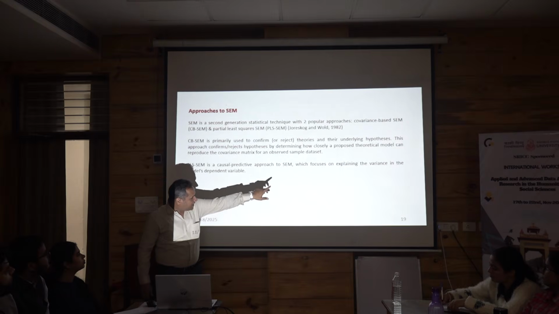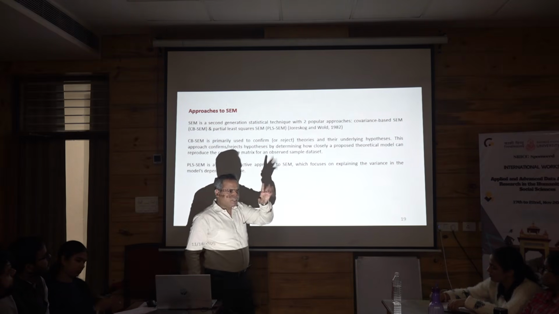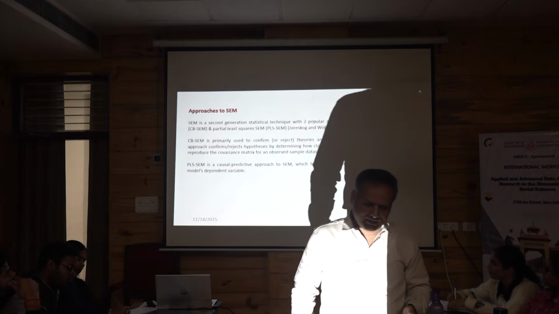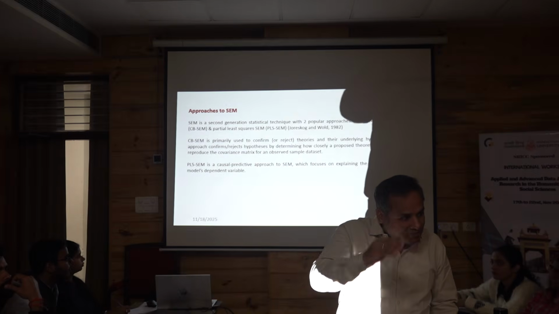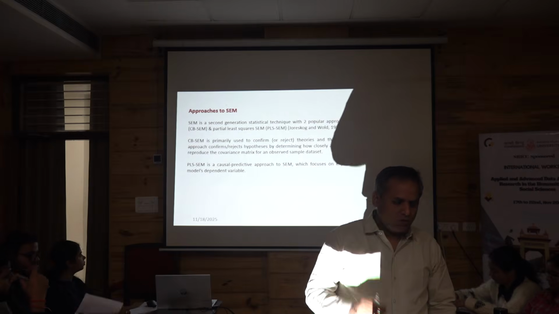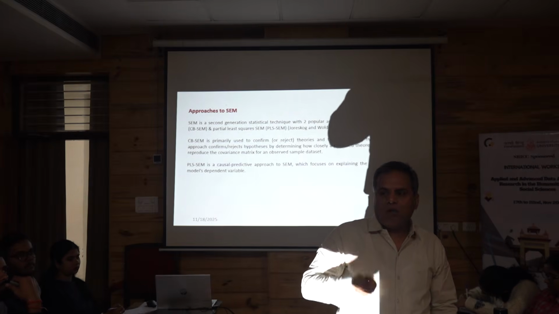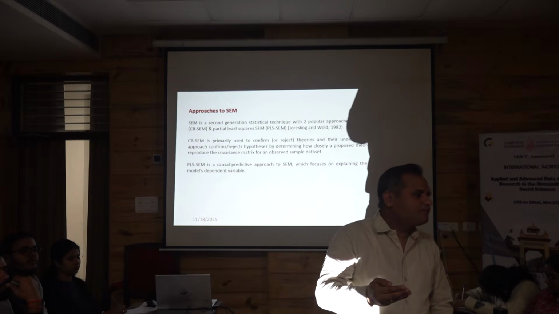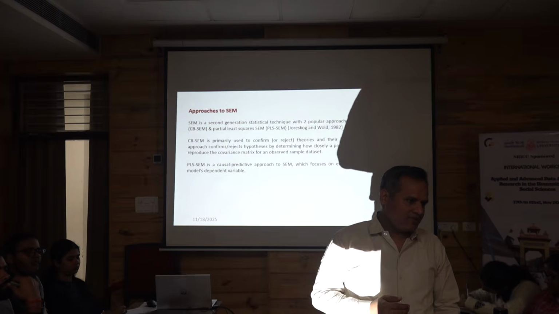When I say variance in the model's dependent variable, this is R square, which in statistics is known as the coefficient of determination. The goal of PLS-SEM is to maximize the variance in the dependent variable. So if your goal is to predict the explanatory power of the model, or if you want to explain how much variance all independent variables are explaining in the dependent variable, you should use PLS-SEM.